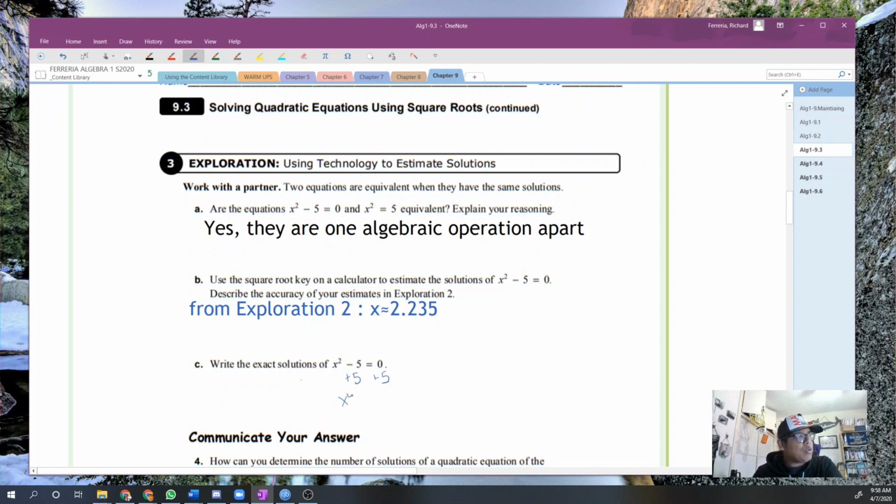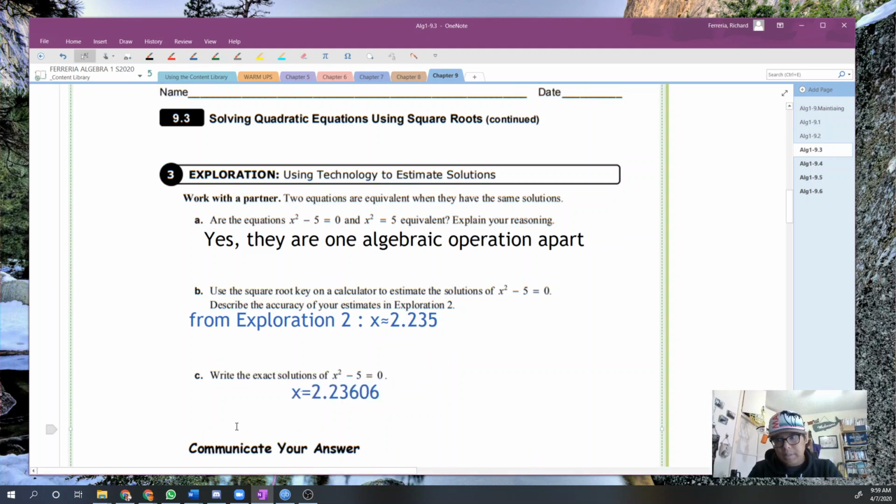You get x squared equals 5, and x is therefore going to be equal to the square root of 5. And you could just ask your calculator, what is the square root of 5? Computer, what is the square root of 5? The square root of 5 is 2.2361. So that's the exact solution.